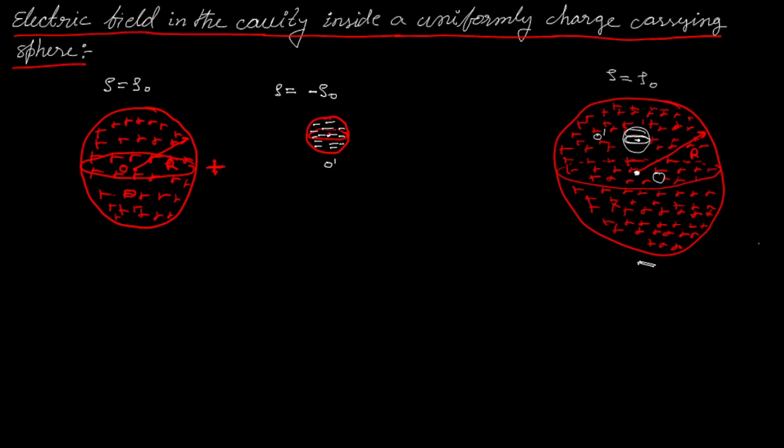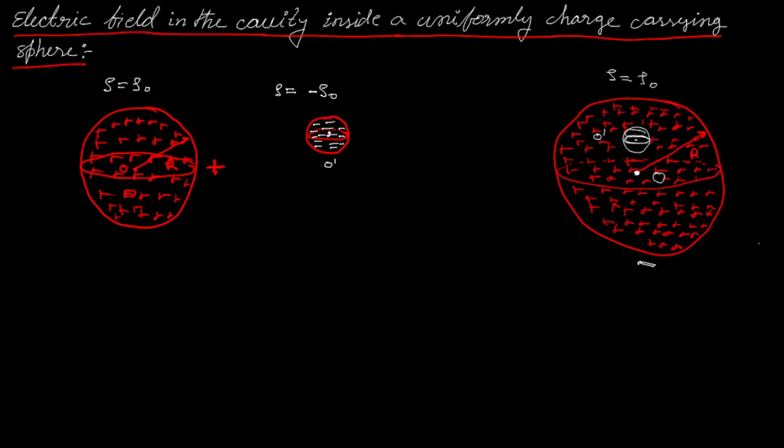So we can calculate the electric field within this cavity in this way. First step: assume that there is no cavity, then we see a uniformly charged sphere of radius r like this.